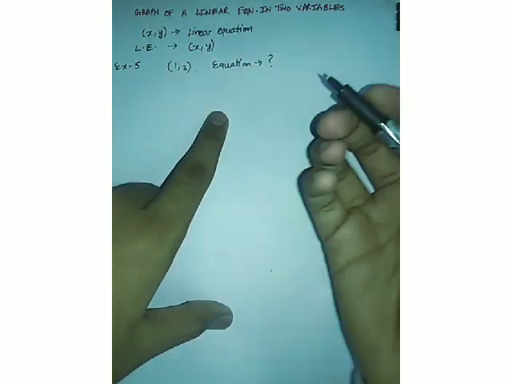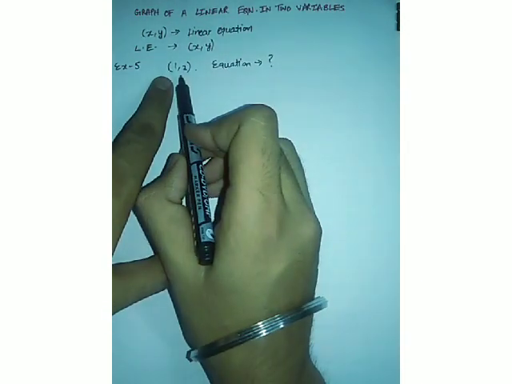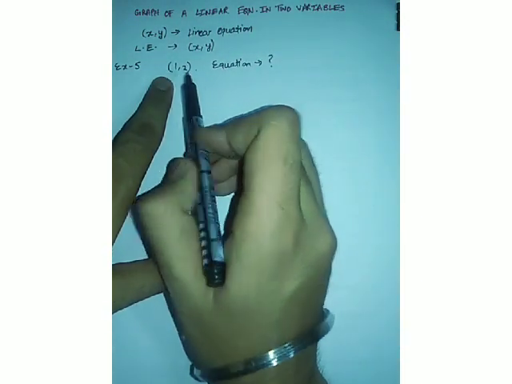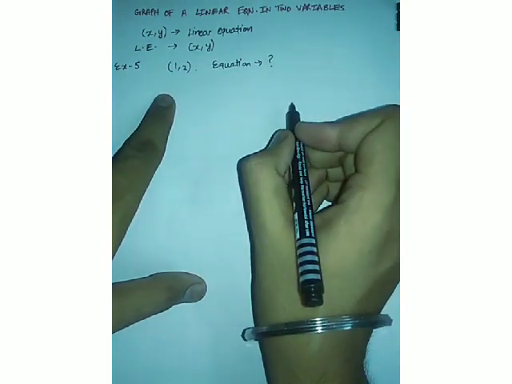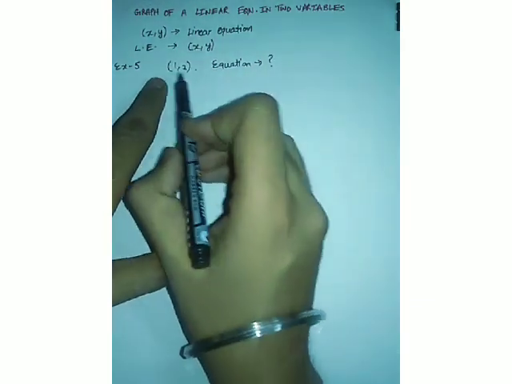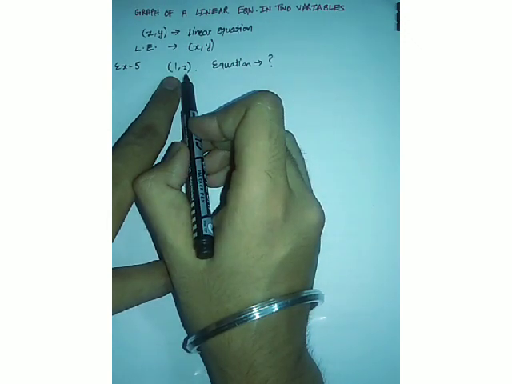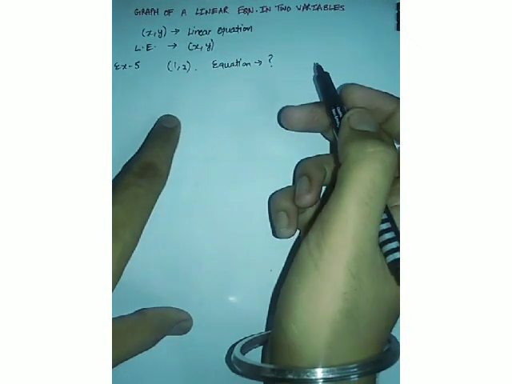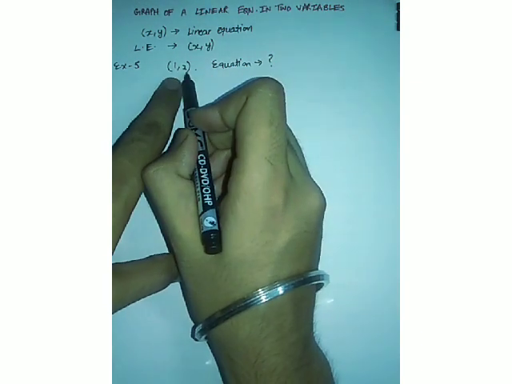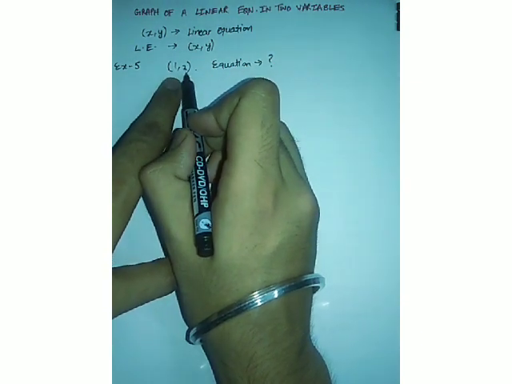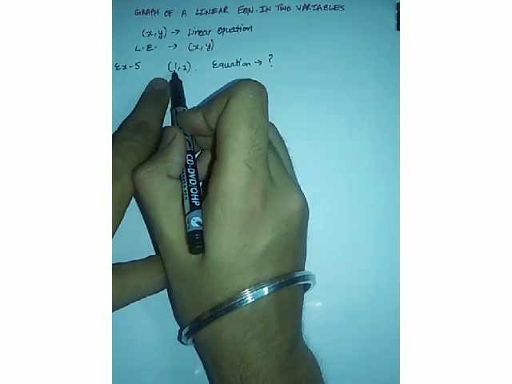Now just think a bit, and you would come to know that we have to write an equation in which if we fill 1 in place of x, we'll get the value of y as 2, or vice versa. Like if we fill the value of y as 2, we'll get the value of x equal to 1.